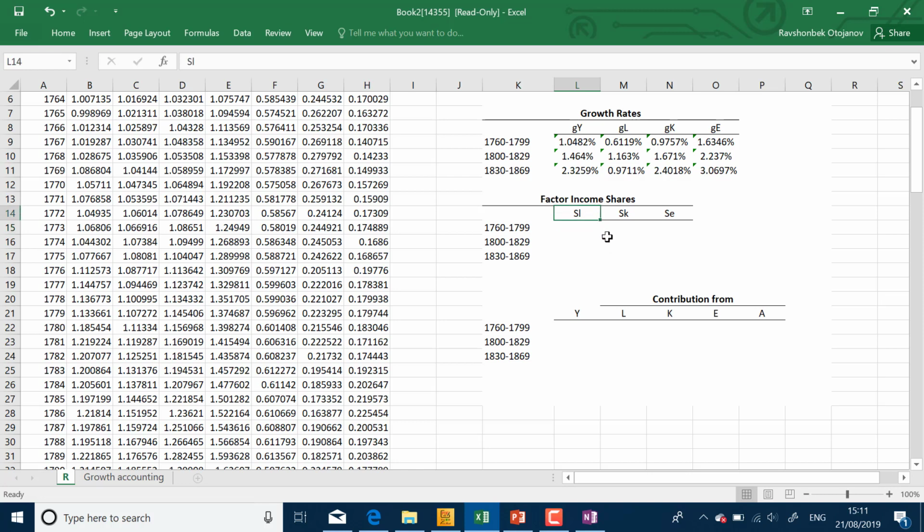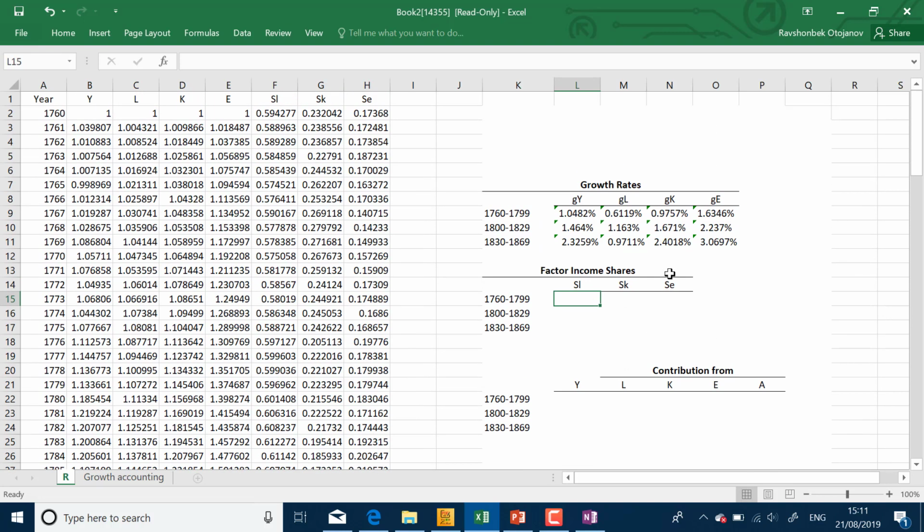So basically what it means is the share of labor means the total wages paid in this period on average, how much relative to the total output. And this value, well, let me calculate it first and then I'll explain what it is. So these are alphas, betas and gammas here for each period.